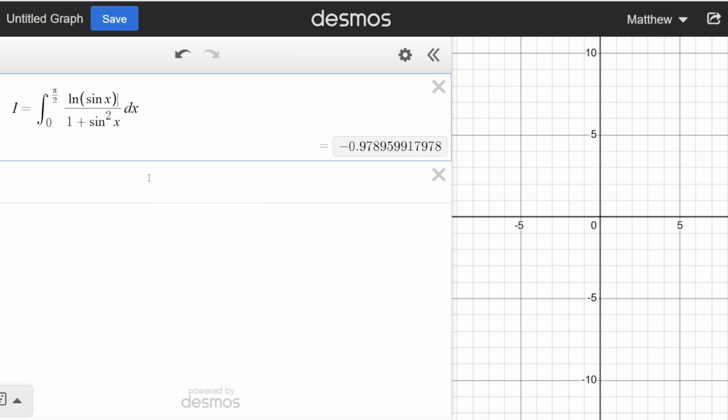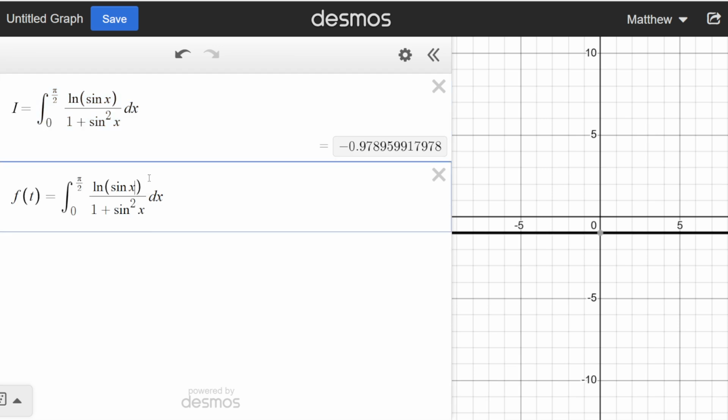I think a lot of people just starting Feynman integration might go ahead and try making a function of t that's equal to this. That doesn't lead anywhere really good.